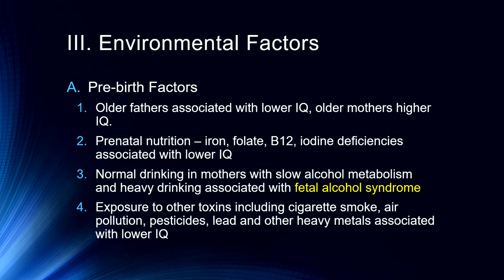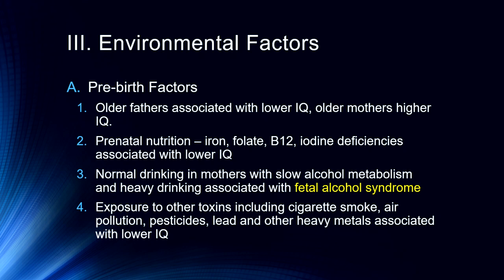Another issue is exposure to other toxins prenatally, particularly cigarette smoke, which is associated with low birth weight, which is associated with lower intelligence. Air pollution, pesticides, lead, and other heavy metals are all associated with lower IQ. Exposure to pesticides is going to be particularly problematic for agriculture workers, people who are around those pesticides all the time, so we want to be very careful about that.